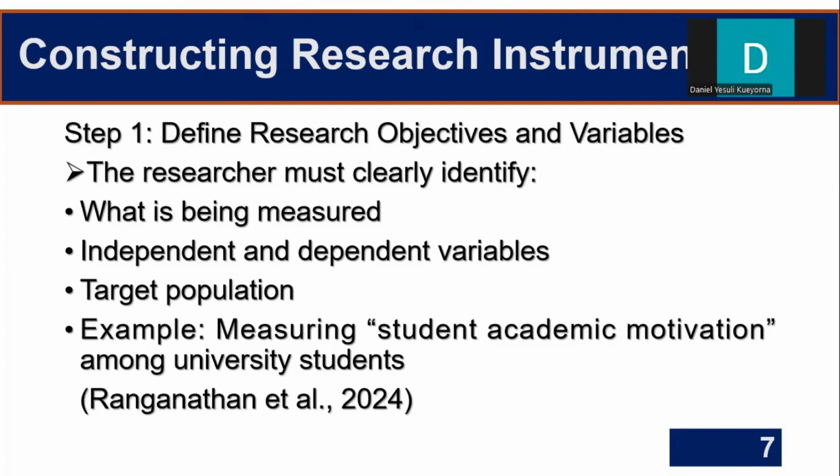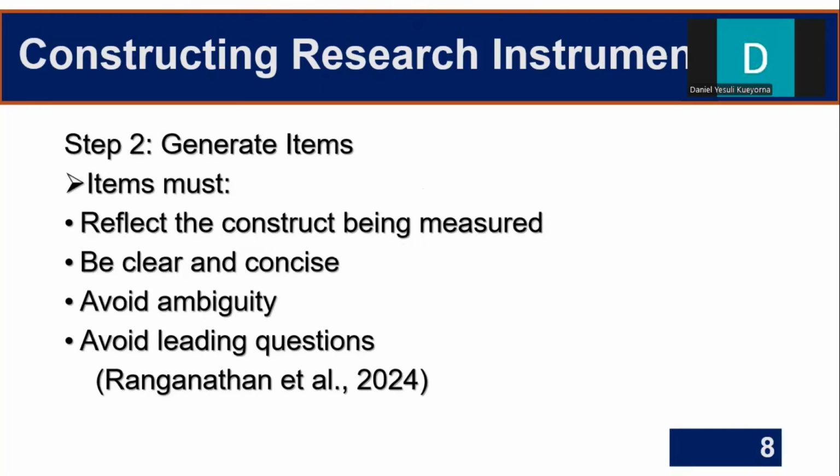And then what is your targeted population? You have to be able to identify all these things, because these are the things that will help you carry out the research well. We have an example, measuring student academic motivation among university students.